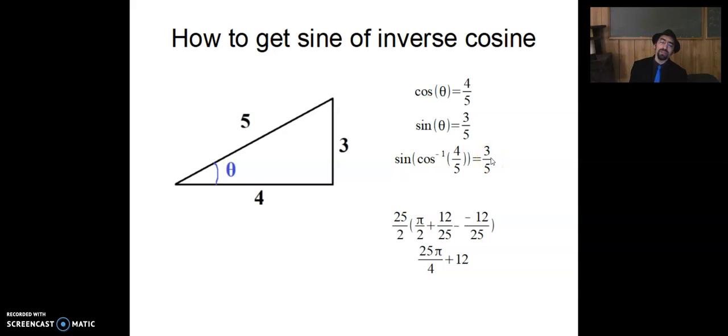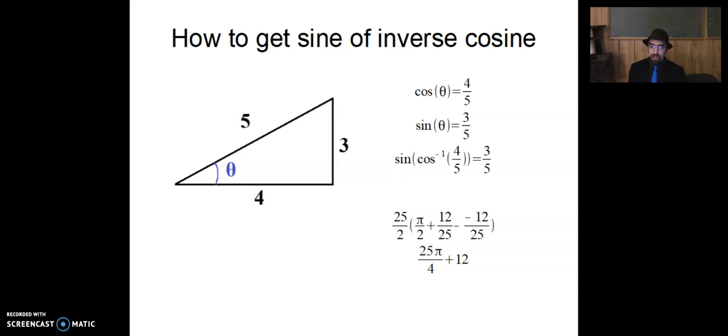And what about the one for -3/5? I can't draw a triangle with negative lengths, so I can't draw a triangle such that cosine theta equals -3/5, but I can use the fact that inverse cosine is an even function.